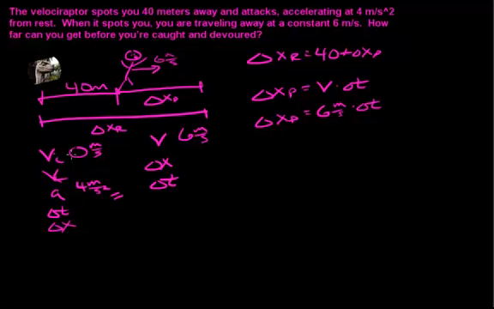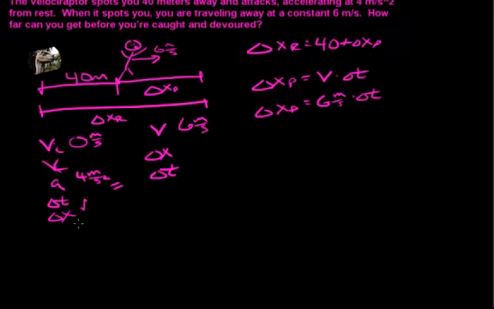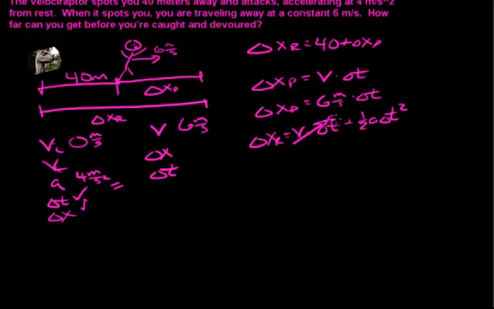Well, the ones you're going to want to use are the ones in which the variables are the same. So I'm going to want to use this one, and this one. And the equation that will be is displacement is equal to, and that'll be the raptor, initial velocity times time plus 1/2 a delta t squared. That will, of course, cancel out.